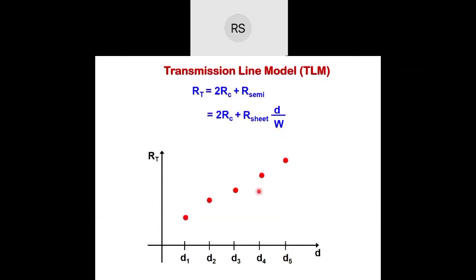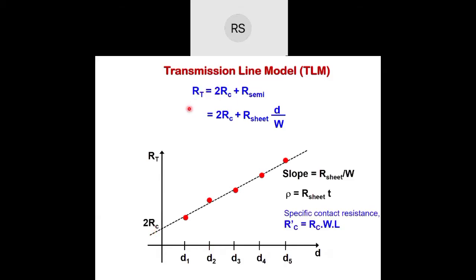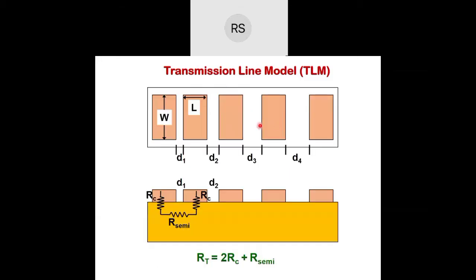So RT as a function of D: I have taken points D1, D2, D3, D4, D5, which are discrete points, and now I fit it. The equation I already have is RT equal to 2Rc plus R semi, which I can put in this form: 2Rc plus R sheet times D by W. D is on the x-axis, the gap between the contact pads, and W is the width of the contact pad.